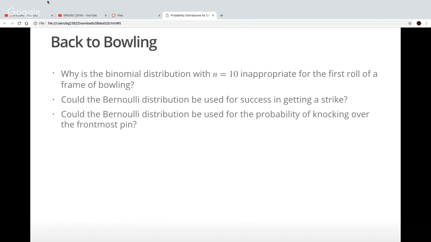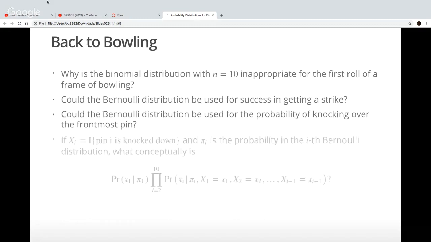Could the Bernoulli distribution be used for the probability of knocking down the frontmost pin? Why? Same reason, except now the event is just a particular pin. Right? Could knock it down, not knock it down.